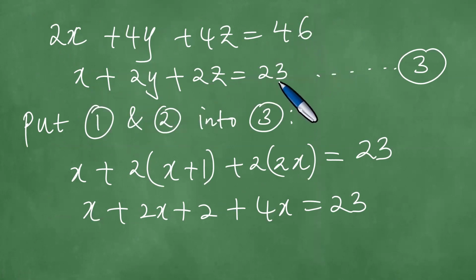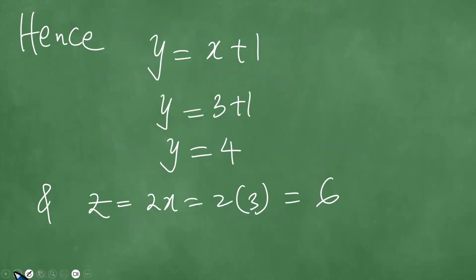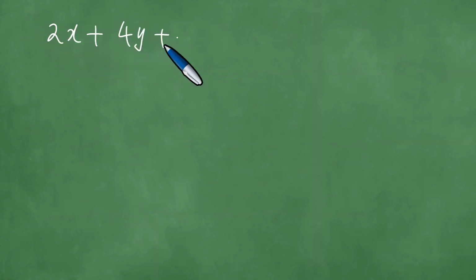We divided by the number 2, both left and right, and this is what we got. But we can most effectively take this algebraic equation as it is and check if it is satisfied by the solutions. So we have twice x plus 4y plus 4z, and the result is 46.